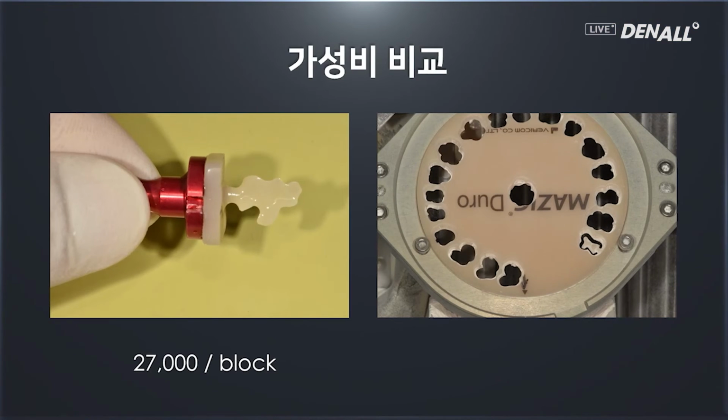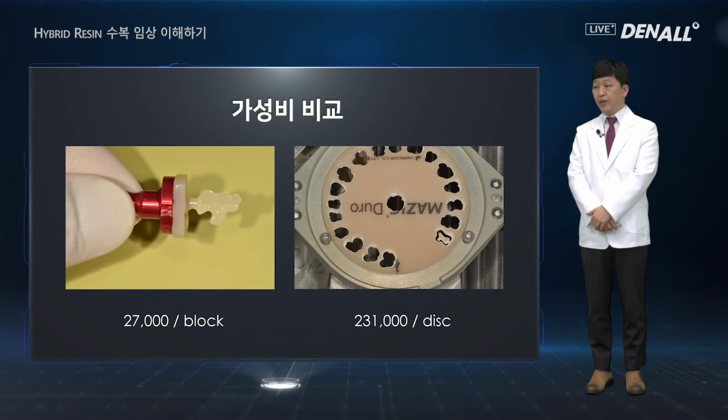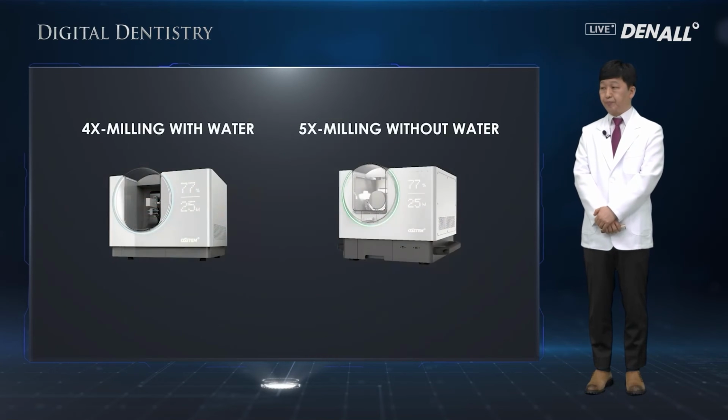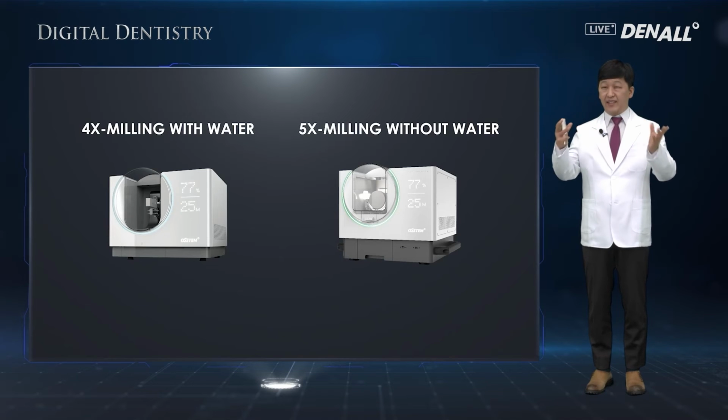If you look at cost efficiency, the block cost is about 27,000 won, and it is 231,000 won per disc. However, because you can cut out tens of inlays, it is cost efficient by 4 or 5 times compared to the block type. Let's compare the 4-axis and 5-axis milling machine.